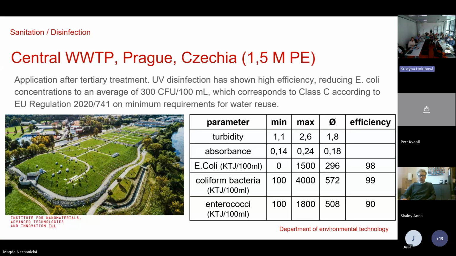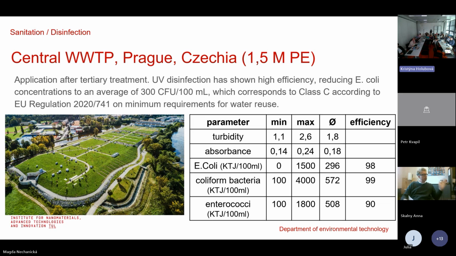Regarding full-scale application of sanitation, one of them is the central wastewater treatment plant in Prague. The capacity is more than 1 million person equivalents. There are finally some numbers also. Here you can see that the efficiency is pretty high for most pathogens, more than 90%.